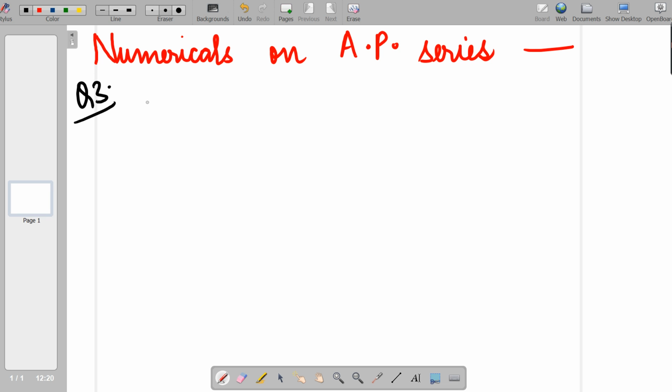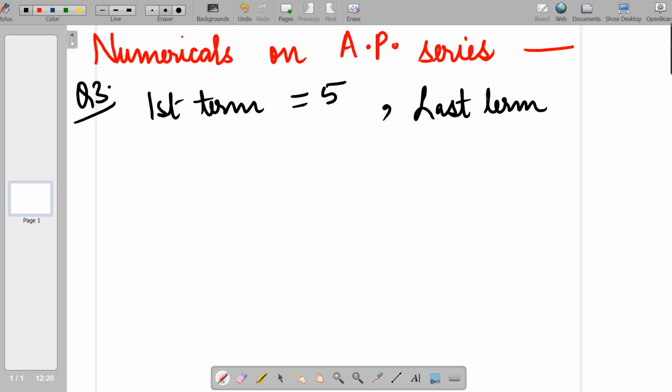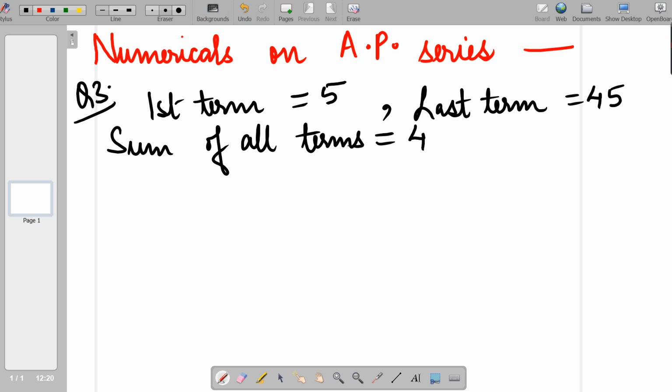The question says if the first term of an AP series is 5, the last term of that series is 45, and the sum of all the terms in that series is given as 400.